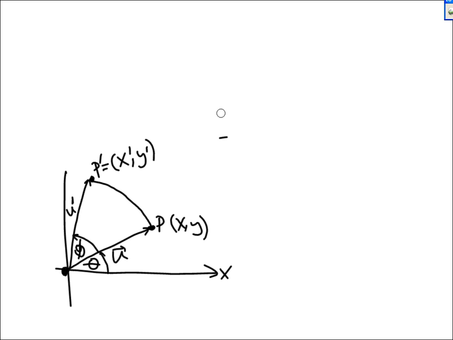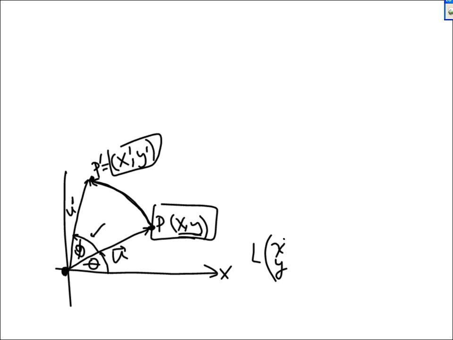So, of course, what I want to find out is if you have the point xy and you rotate it counterclockwise 3 degrees, what is the point x prime, y prime? This is a linear transformation. I want to take L of that point, and I want to get point P prime.